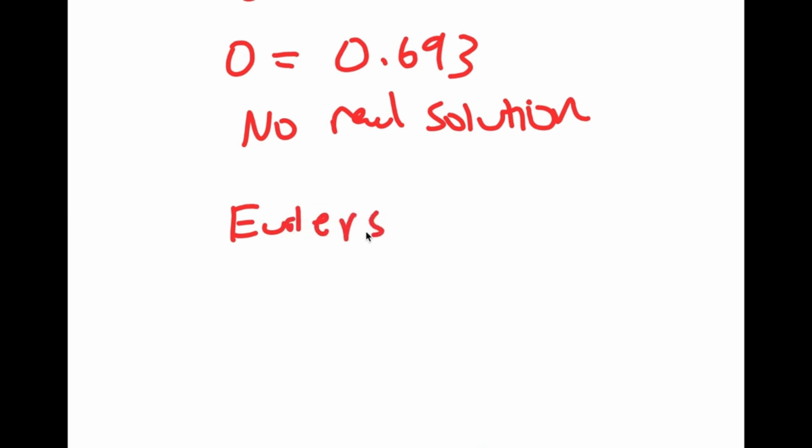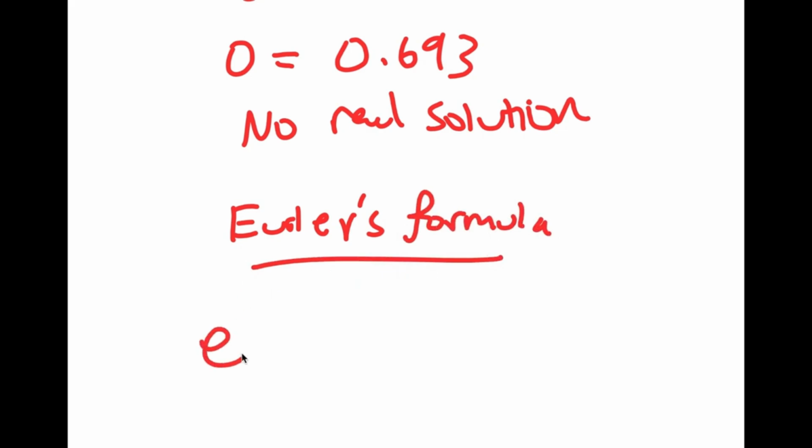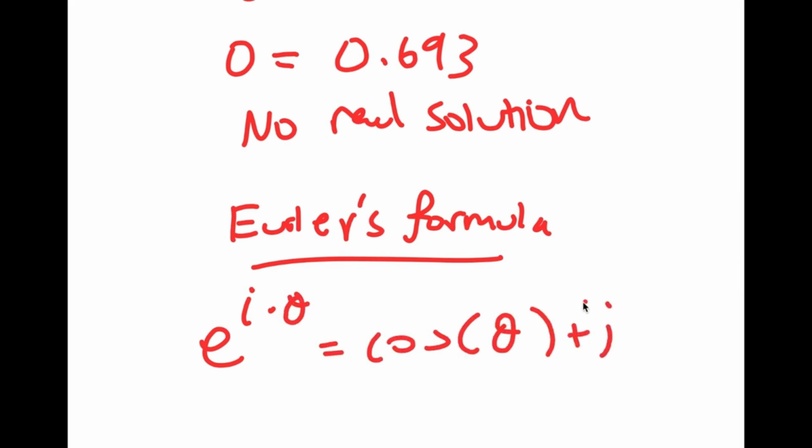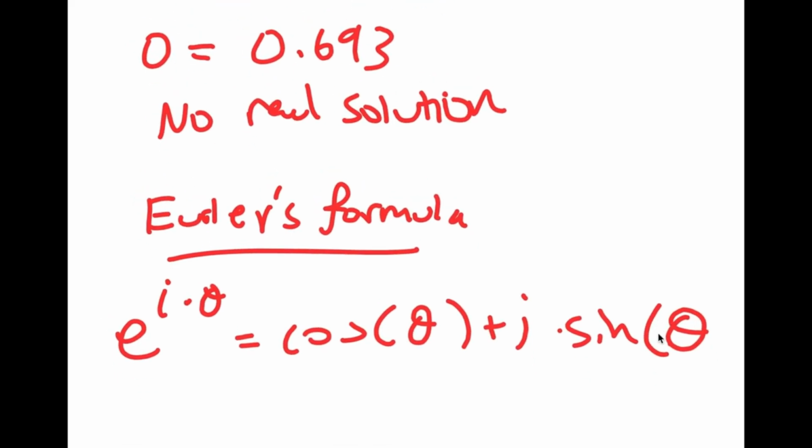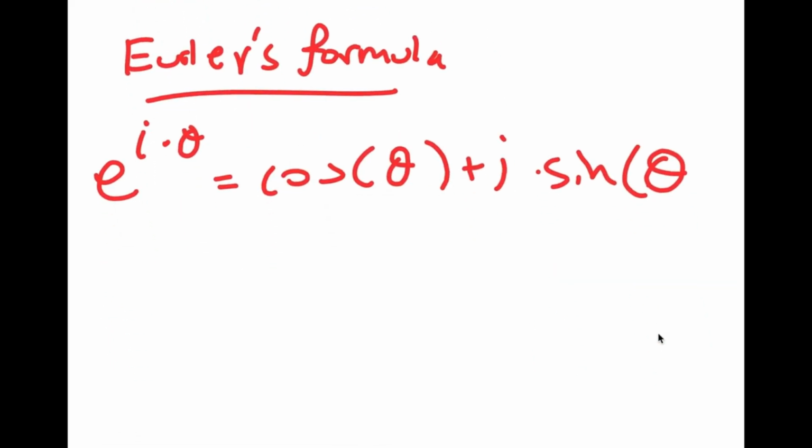Euler's formula states that if I have something in the form e to the power of i times theta, this is equal to cosine of theta plus i times sine of theta. And I know this may seem a little confusing right now, but just bear with me.